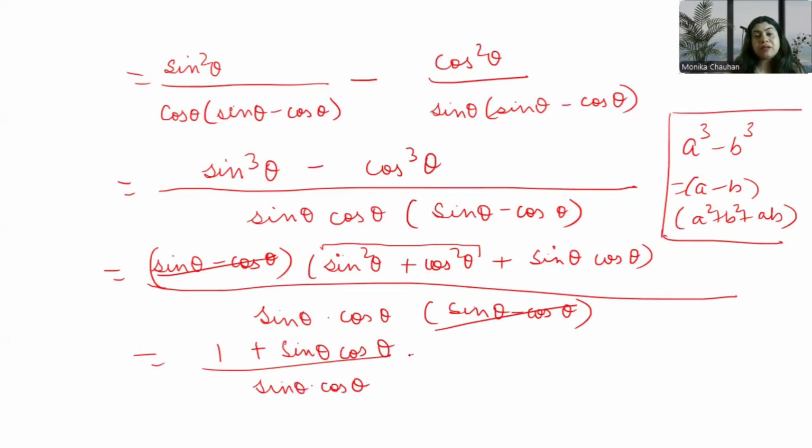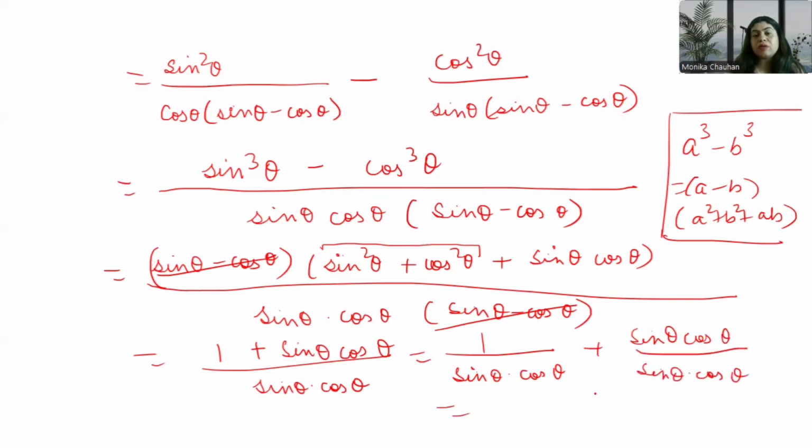Now you have to separate all. So 1 upon sinθ cosθ plus sinθ cosθ upon sinθ cosθ. Okay, you can do that. Now 1 upon sinθ cosθ can be written as 1 upon sinθ, which is cosecθ, and 1 upon cosθ, which is secθ.